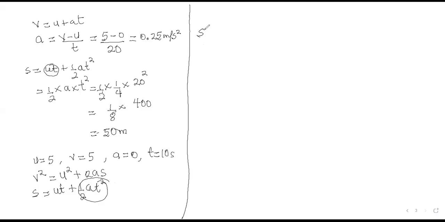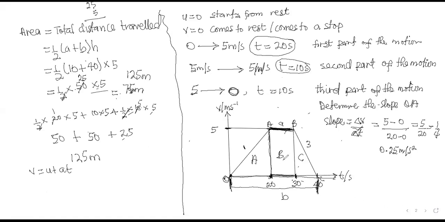So the distance traveled will be u, which is 5, times time, which is 10. We have 50 meters. And this is the same as what we got when we use the area of the rectangle, length 10 and width 5. We got 50, the same value. Okay. Class, are you following?